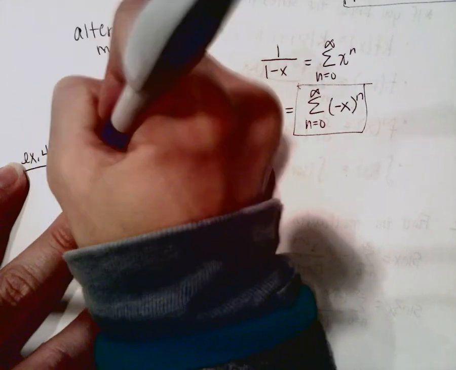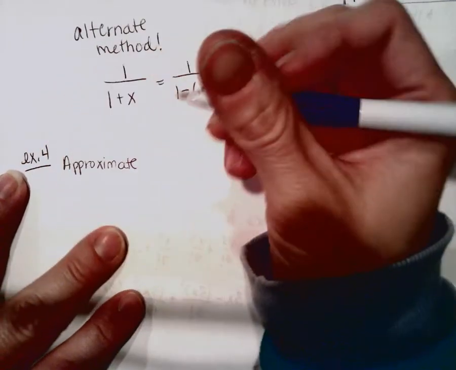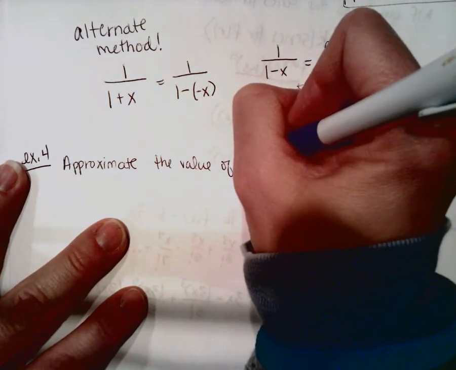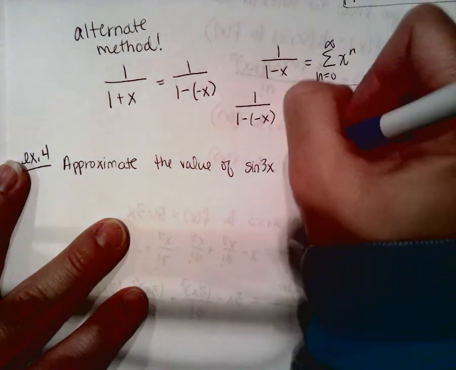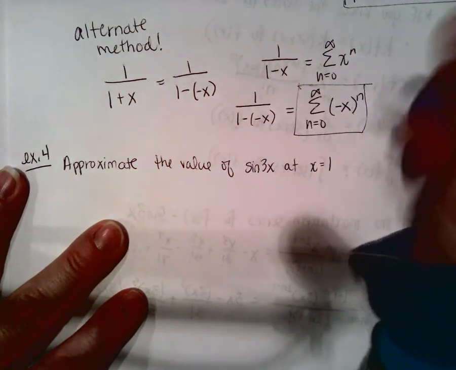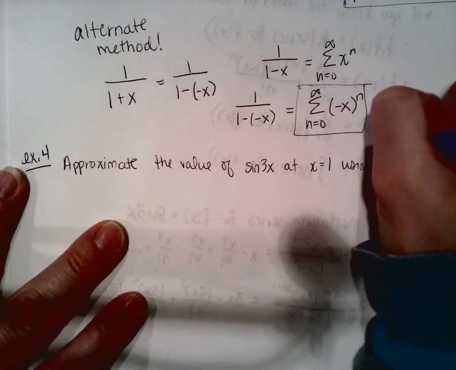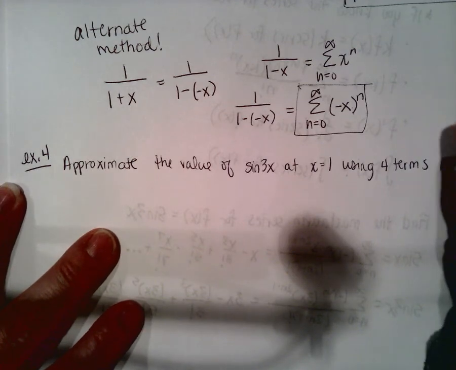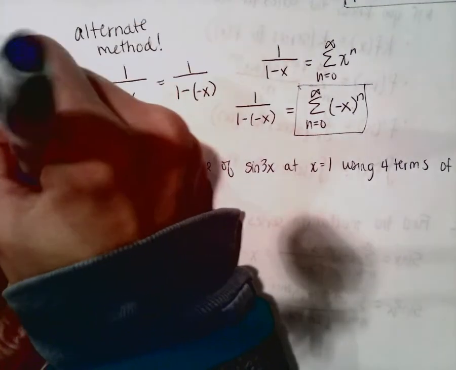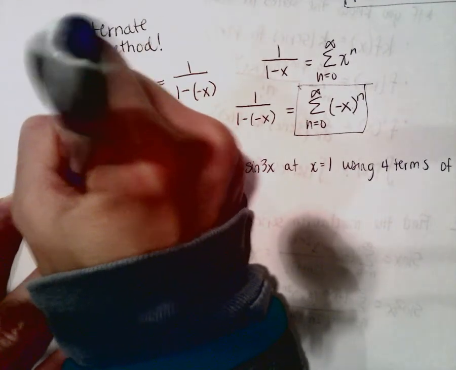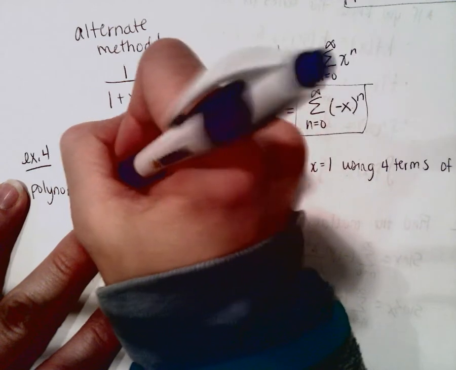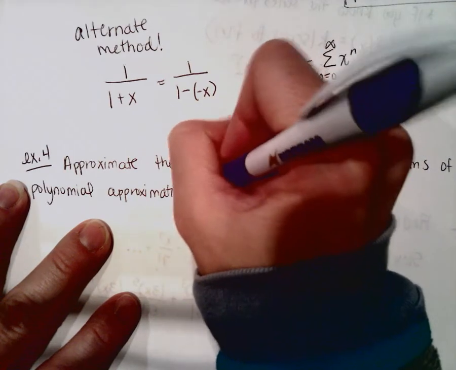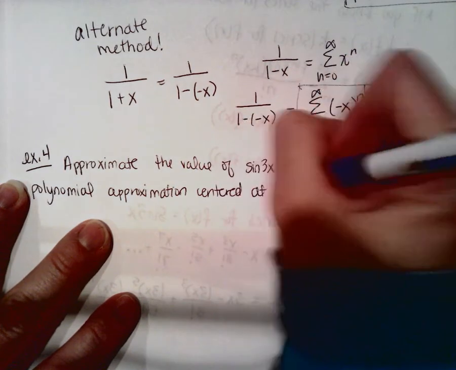Approximate the value of the sine of 3x at x equals 1 using 4 terms of the polynomial approximation centered at x equals 0.